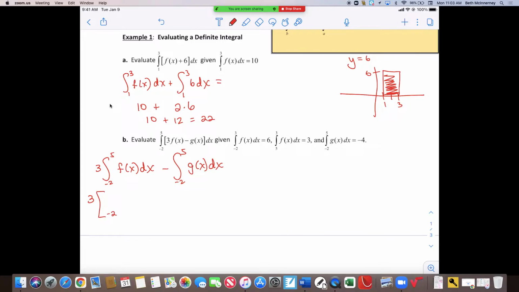Yeah, something like that. So let's look at that. So let's go from -2 to 3 of f of x dx. But do you see I don't have 3 to 5? So I'm going to have to do minus and flip that one.